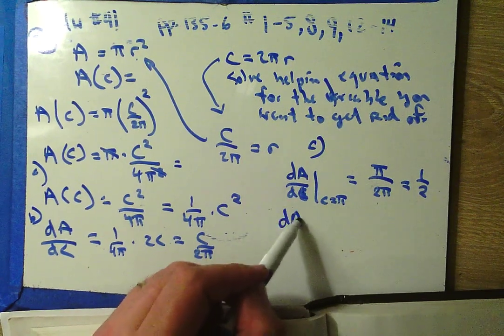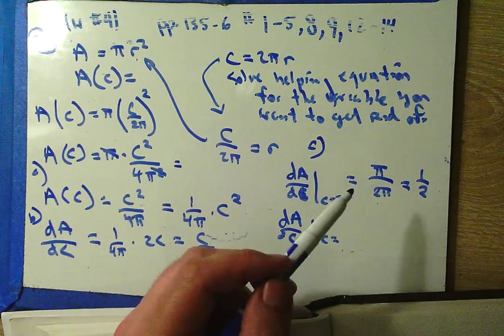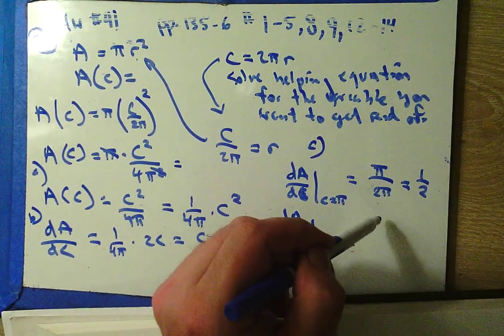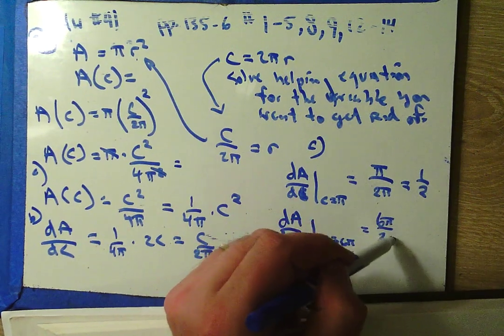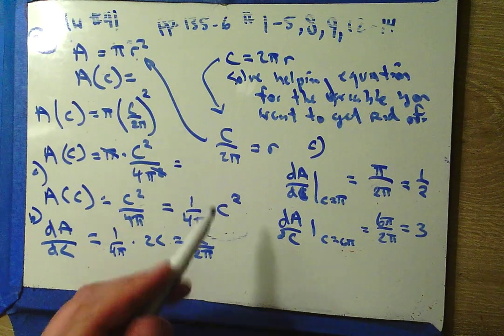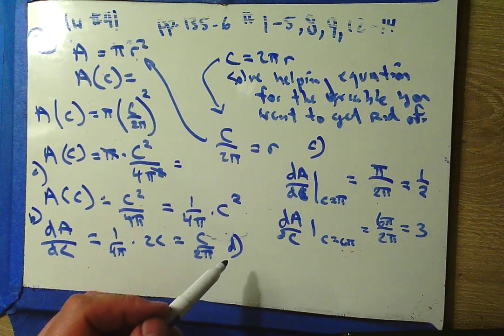And they want us to do dA dc when c equals 6 pi. And so we get 6 pi over 2 pi, or 3. There's part C.